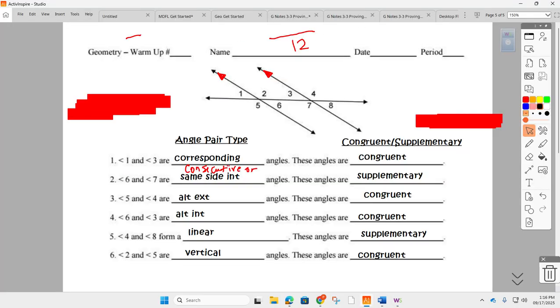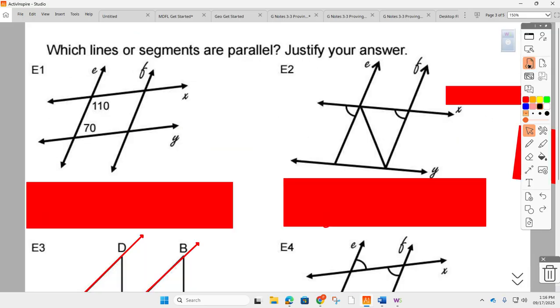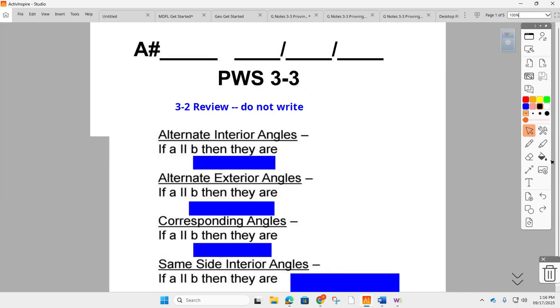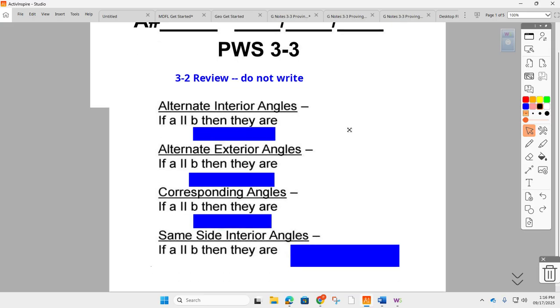All right, we are going to go ahead and get started. Today's notes. This first part, you don't have to write. Quick recap. We actually just recapped it really, but we're going to recap it again. We need to remember the definition of alternate interior angles. And if the lines are parallel, then those angles will be congruent.